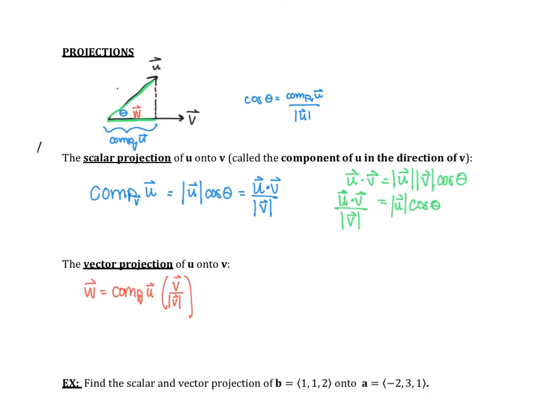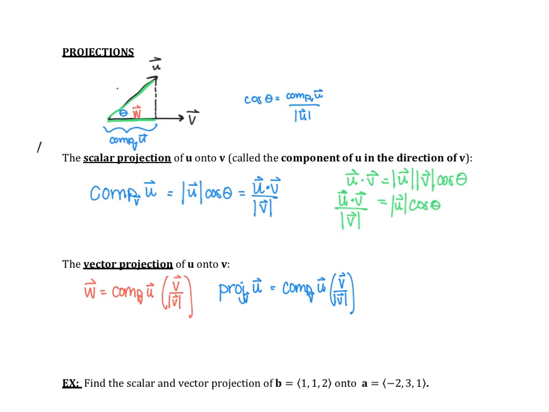The notation for this is a little bit different. We call this the projection of u onto v. It's opposite of what it looks like there. The projection of u onto v is equivalent to the component of u in the direction of v, multiplied by the unit vector of v. So it's in that same direction, but it's a unit vector.